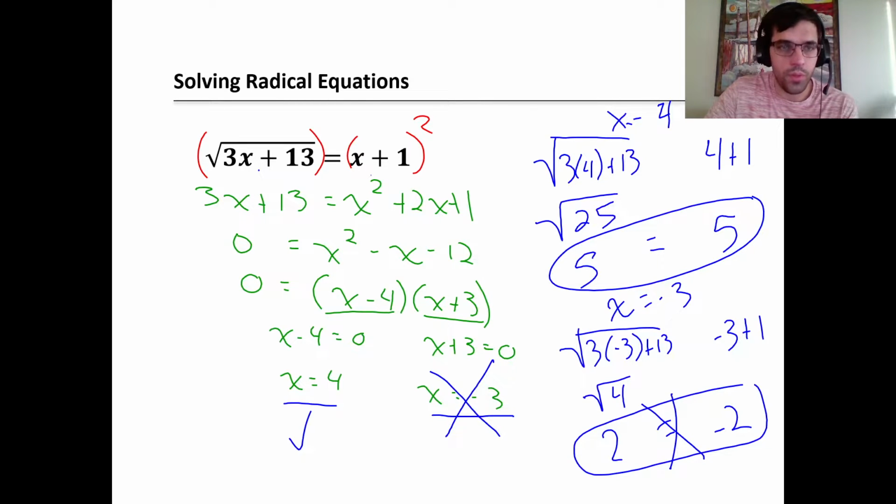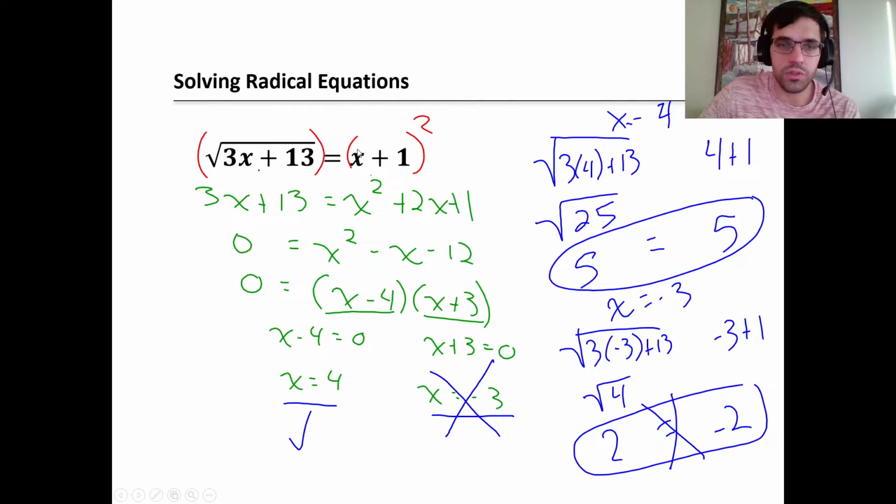One example. We have the square root of 3x plus 13, and it is equal to x plus 1. The first thing we're going to do is square both sides of the equation, because squaring is the inverse operation of square rooting. If I square the left side, it gets the 3x plus 13 out of the square root.